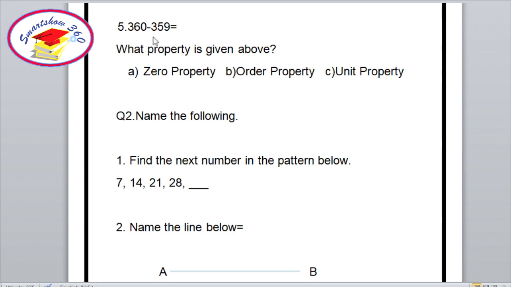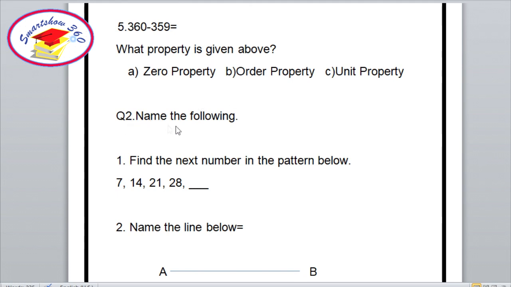So that means 360 minus 0 would be, of course, 360. Order property, it is like, see, in subtraction it does not come. So order property won't be the answer. So we only have unit property left. So unit property would be the answer because we got 1 as the answer.